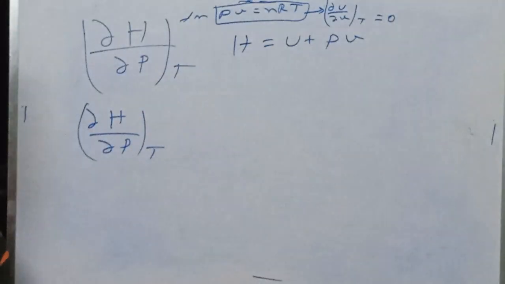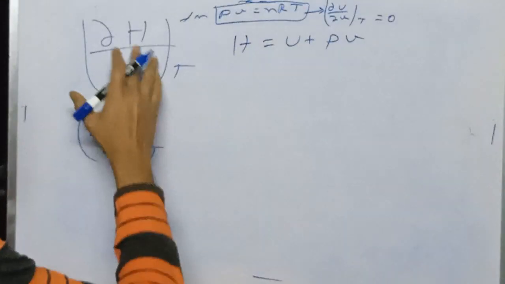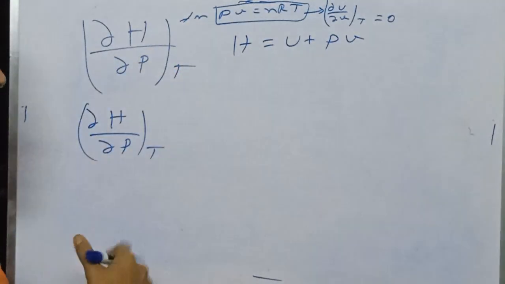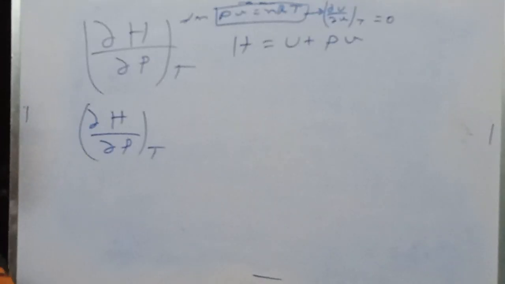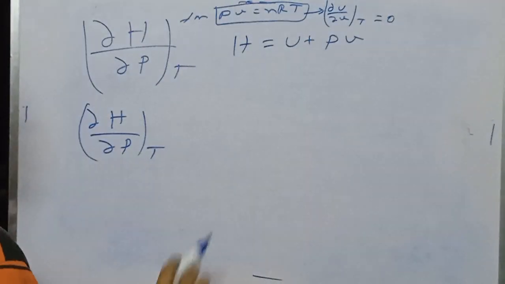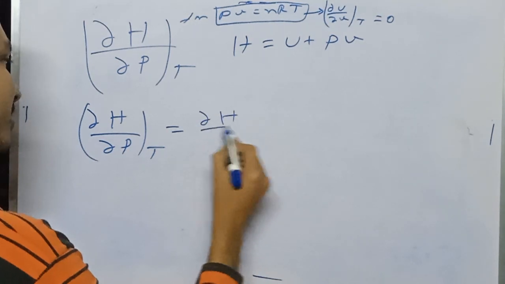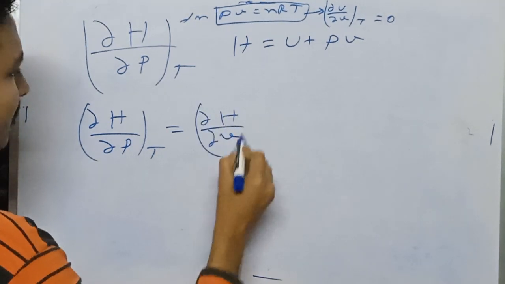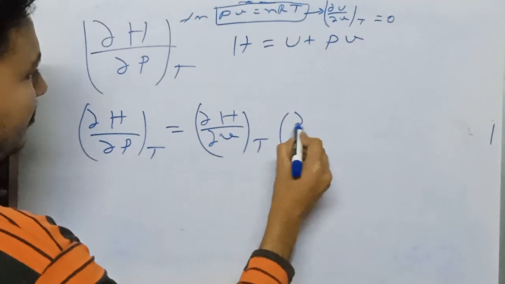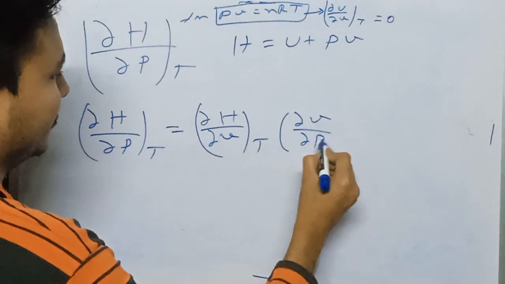So in each case the value of ∂U/∂V at constant T is required, and the required equation must be converted to the ∂U/∂V format, as here ∂H/∂P at constant T is equal to ∂H/∂V at constant T into ∂V/∂P at constant T, just like previous.